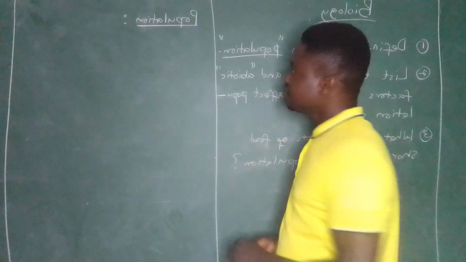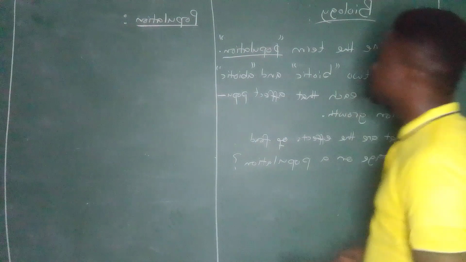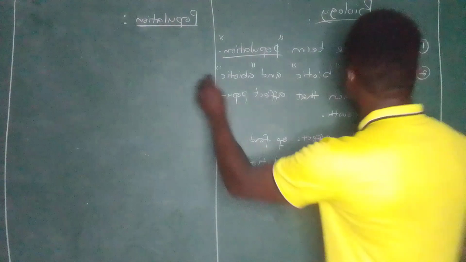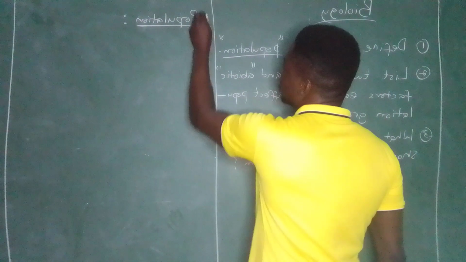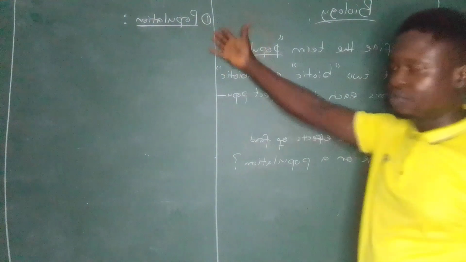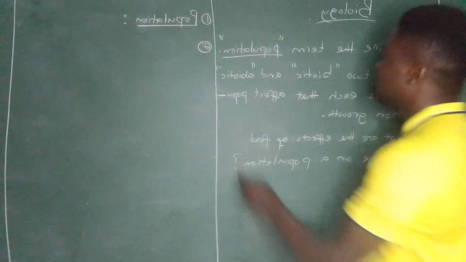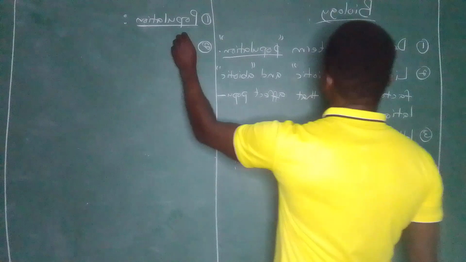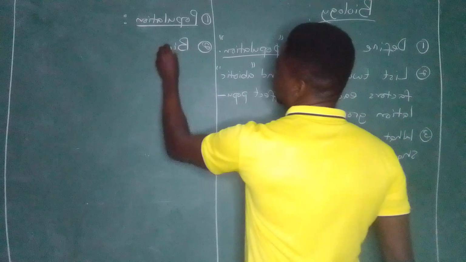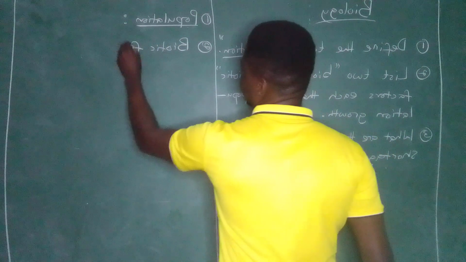So let's look at question number 2. Question number 1, we have defined population. Factors. Biotic factors.